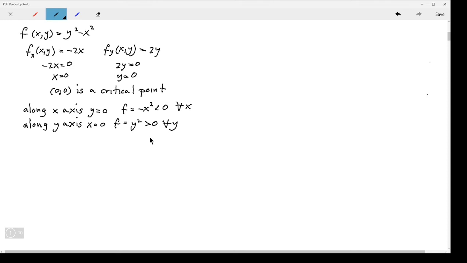So every disk around (0, 0) is going to give me values where the function is both positive and negative.